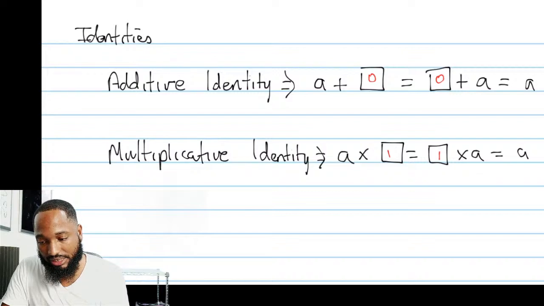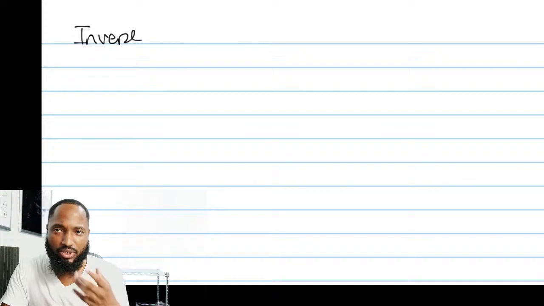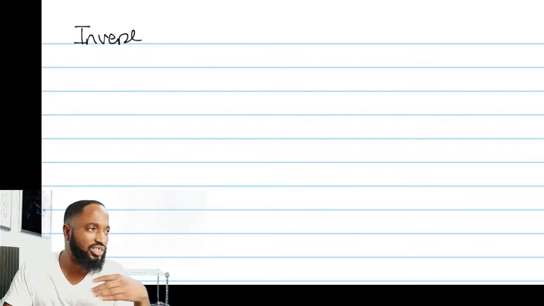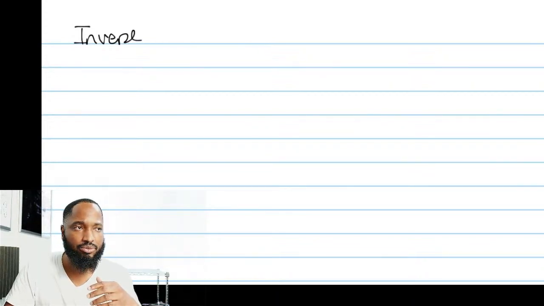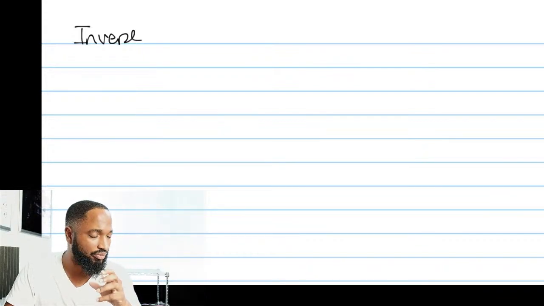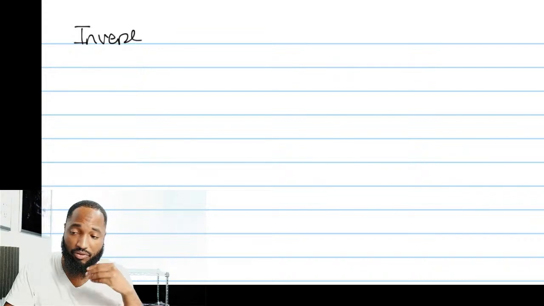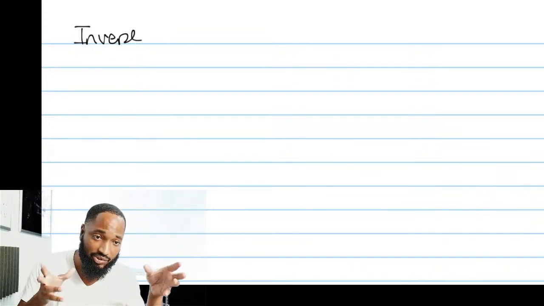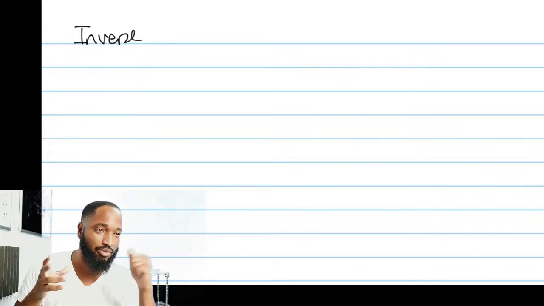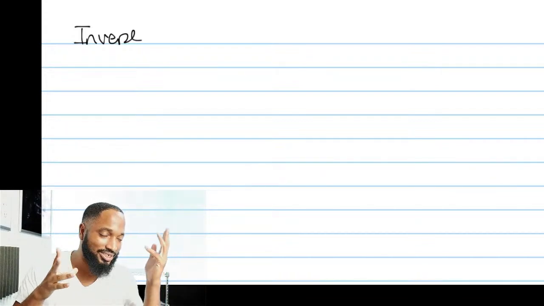So identities, what else? We have inverse. How do we demonstrate the inverse? The inverse renders the identity. When you have a member of the set, a member of the domain, and you perform the operation using the inverse, you will birth the identity.